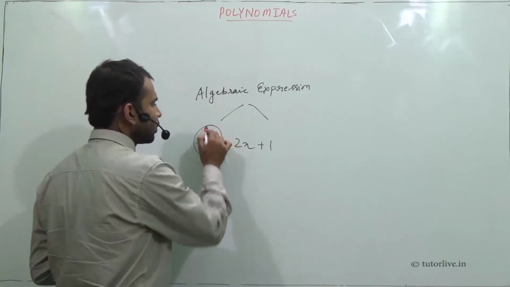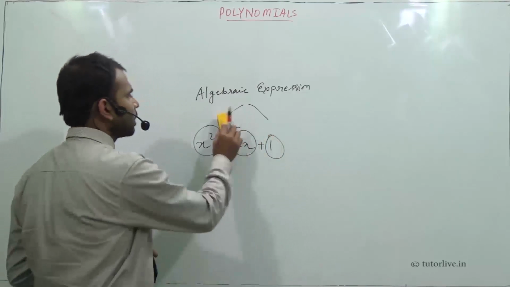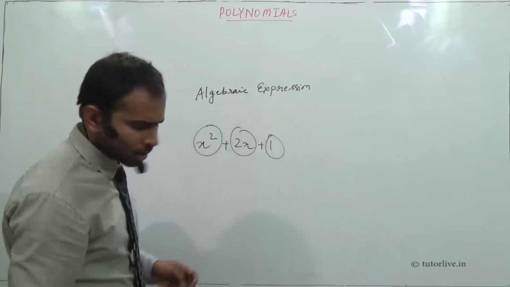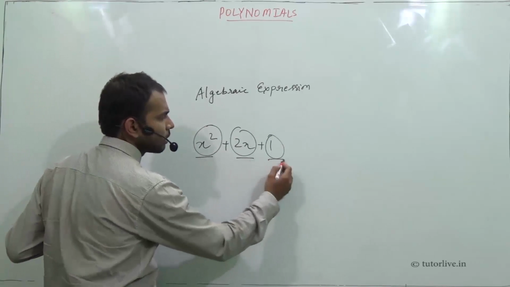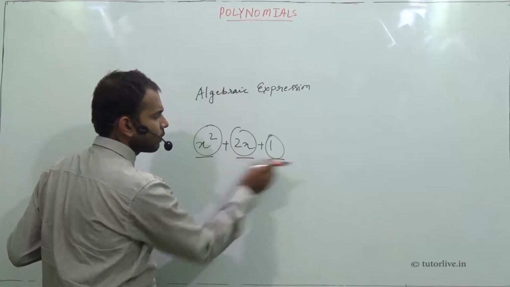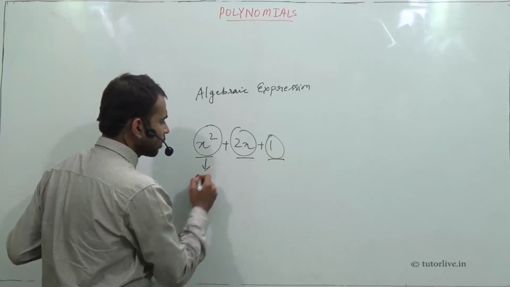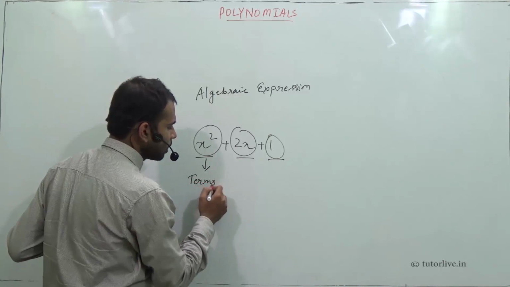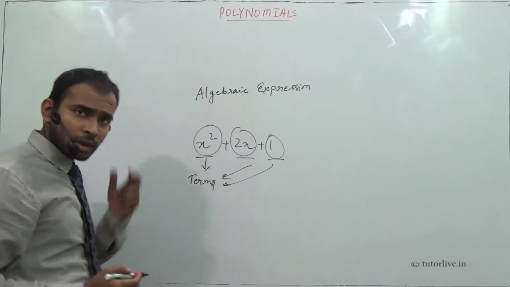Of course it is a constant and a variable, that was it. But the different things that have been written in between the mathematical operations plus or minus are called terms. What do we call it? Term. This is another term, this is another term. So here there are three different terms.